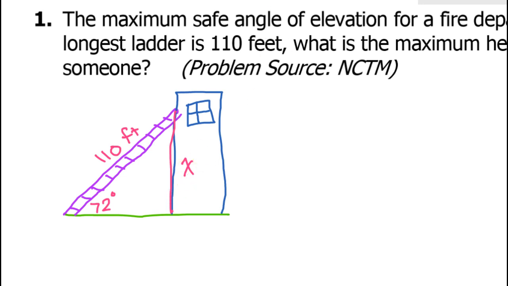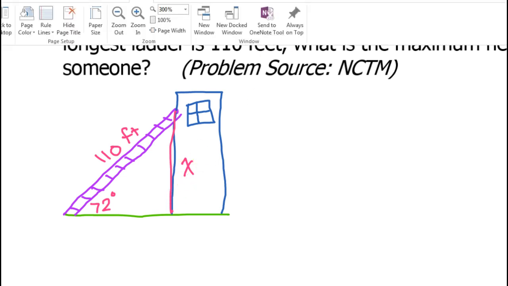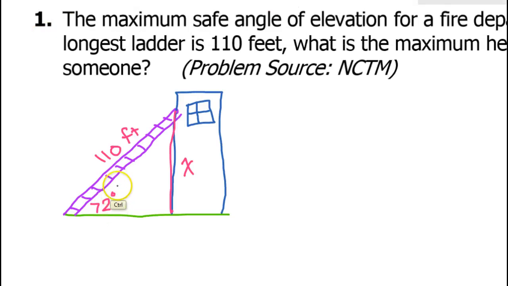So the first thing we're going to do is pick an angle. Obviously we're going to pick the angle that we have labeled right here. So now that we have the angle, we will label the sides of this triangle. This is the hypotenuse, because it is across from the 90-degree angle.